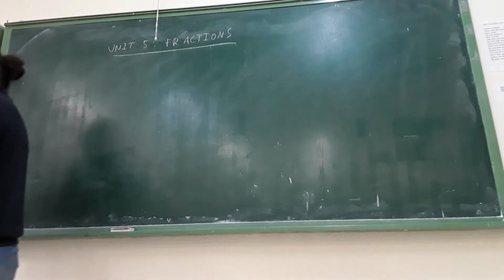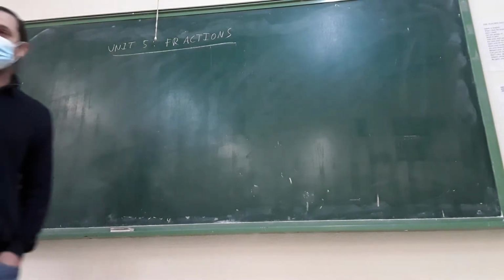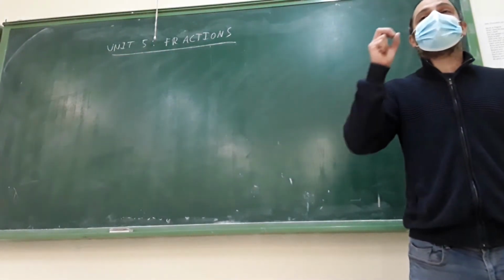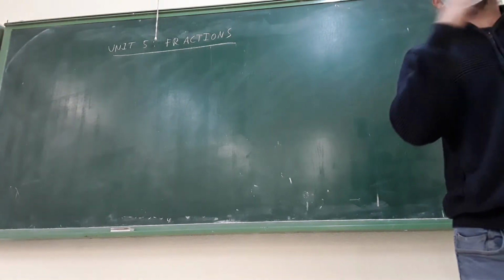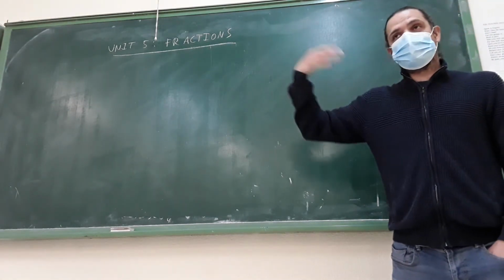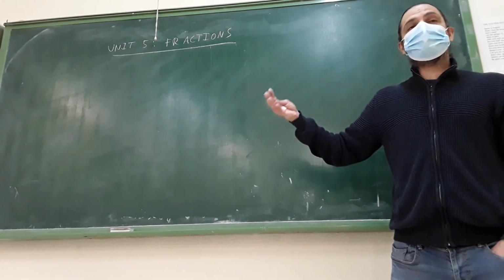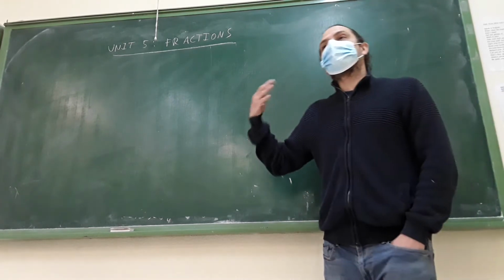So, first point is learning to read and write fractions in English. Right? That's always when we start a new unit. Sometimes we have to review the English vocabulary in order to be able to move on. ¿Sabéis? Primero un poquito de vocabulario, de cómo leer fracciones. Read and write fractions.